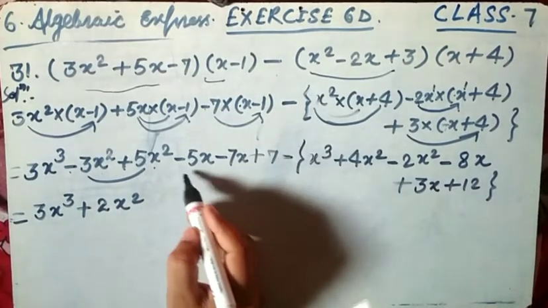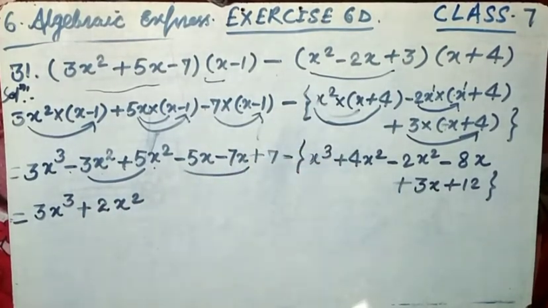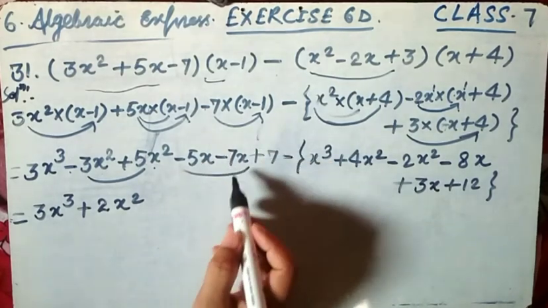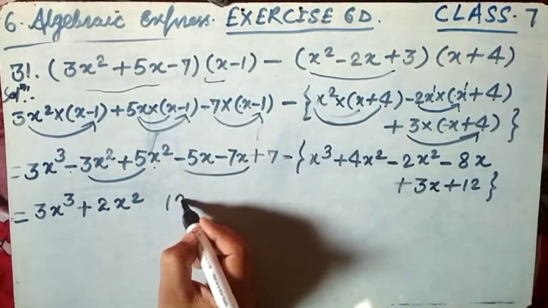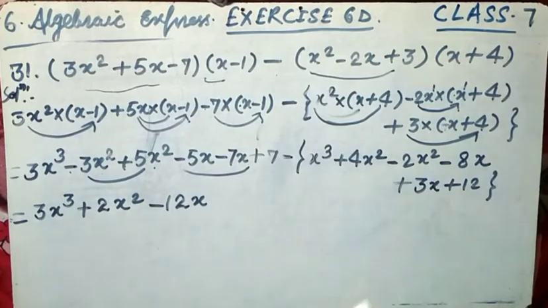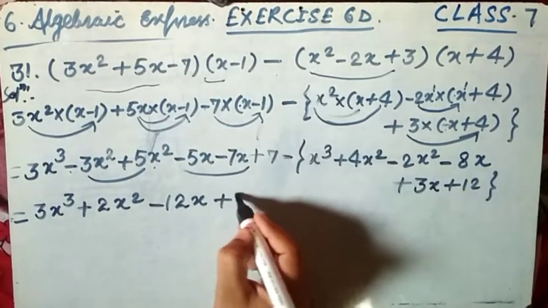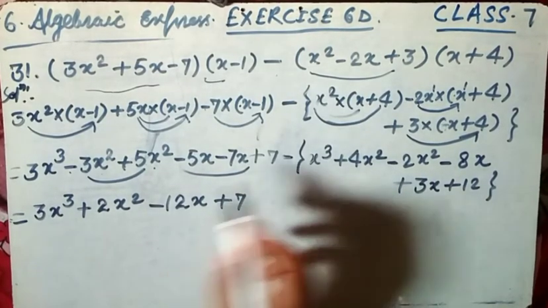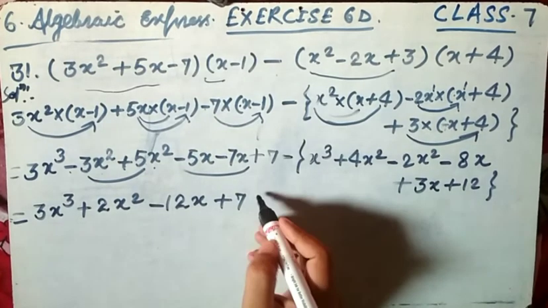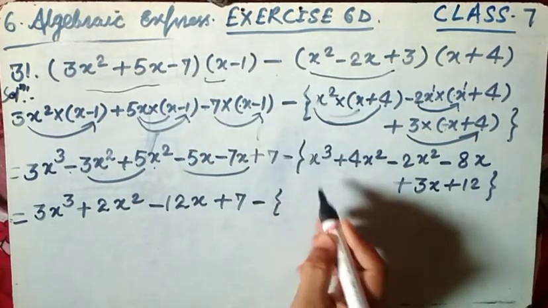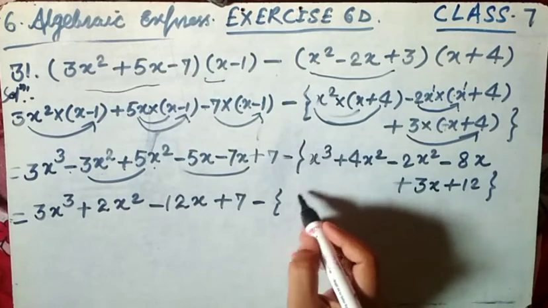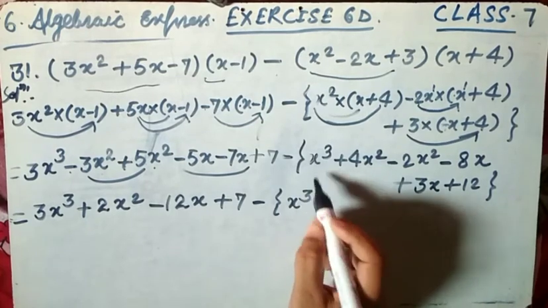Okay, now here both the terms are negative, then we have to add their values, 7 plus 5 is 12, regardless of their sign, and place the negative sign. Okay, and plus 7 as it is, because there is no pair of the constant term, as it is. Here first of all solve the insides. Here is the x cube as it is, there is no other term of like x cube.